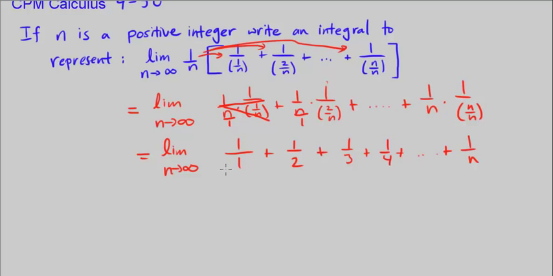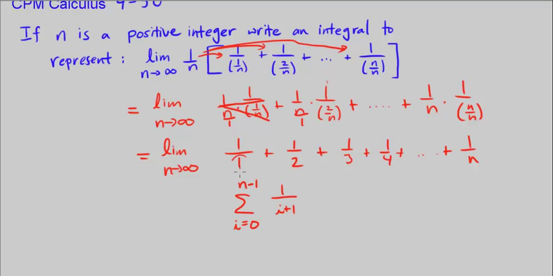And we could write this in sigma notation, right? We could say this is the same thing as our variable I starting at 0 and going to, excuse me, not n, but n minus 1, of 1 over I plus 1, right?